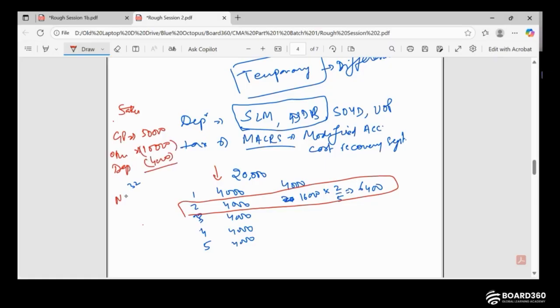So net profit as per books is coming out as 36,000. Whereas if you go for calculating it for tax purpose, it will be 2,400 extra deduction. So net profit will be lower. It will be 33,600.